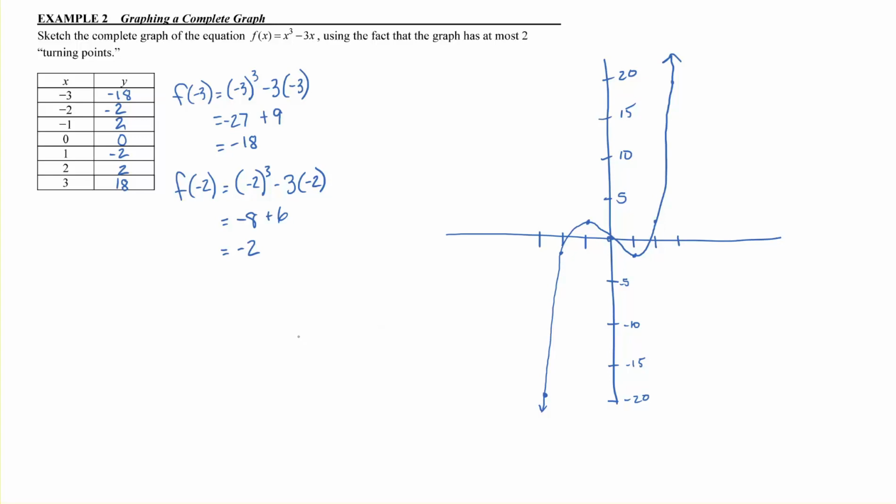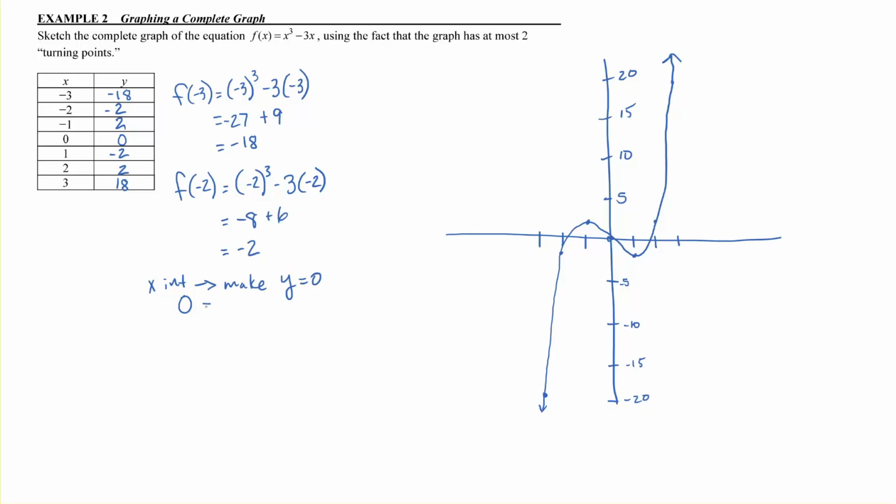So how would you do that? Well, you're going to make your y into a 0 to find your other x-intercepts. You're going to make the y equals 0 and figure out what the x value is when the y is 0.